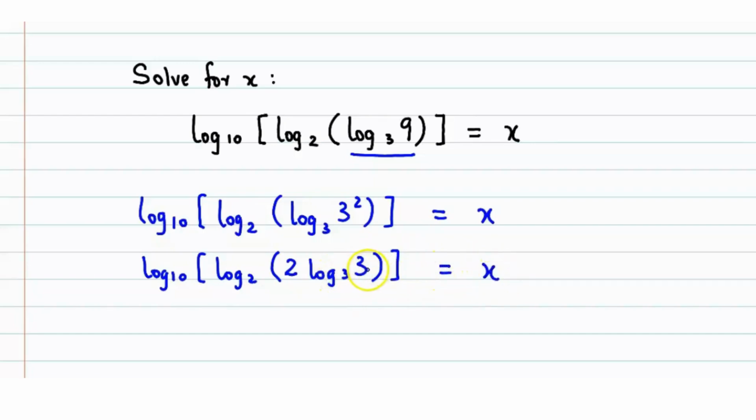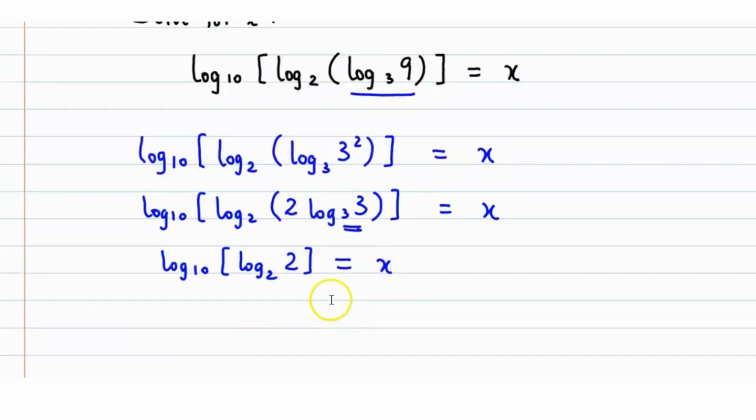Now we know that log 3 to the base 3, this value is 1. So 2 times 1, that will give us 2, right? So we have log to the base 10 of log to the base 2, and this overall value is 2, close the bracket, is equal to x.